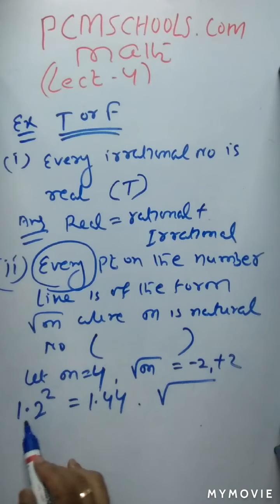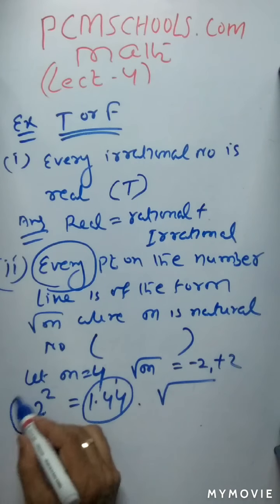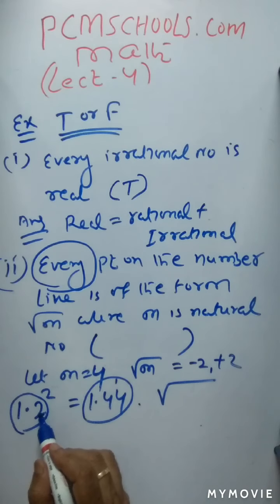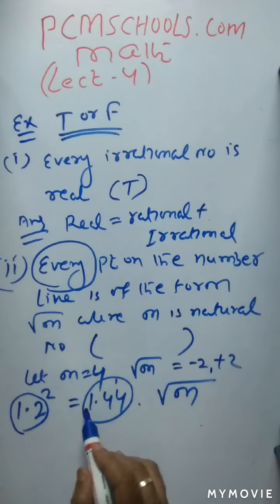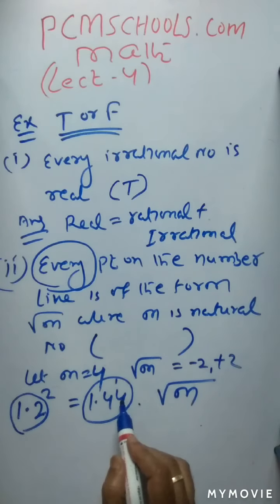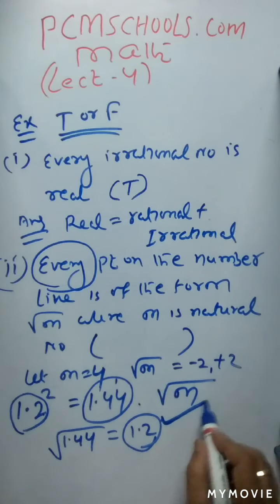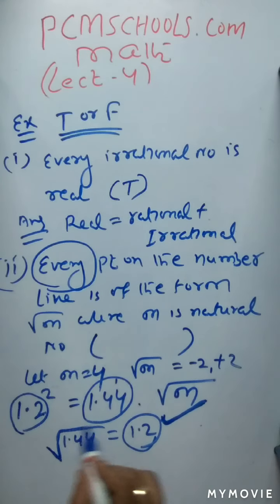So this 1.2 also lies on the number line, but this 1.2 is not the square root of a natural number. That means here m is equal to 1.44. So the square root of 1.44 is equal to 1.2, and this 1.2 is represented on the number line. And 1.44 is not a natural number.